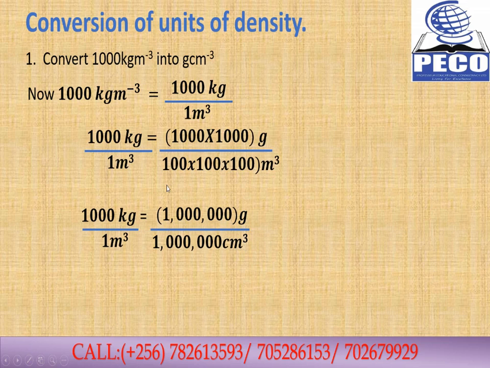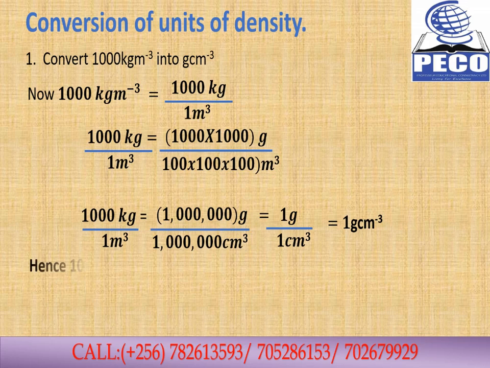We're converting this to centimeters cubed. So when you divide, 1 million divided by 1 million, that gives us 1 gram divided by 1 centimeter cubed, so giving us 1 gram per cubic centimeter.